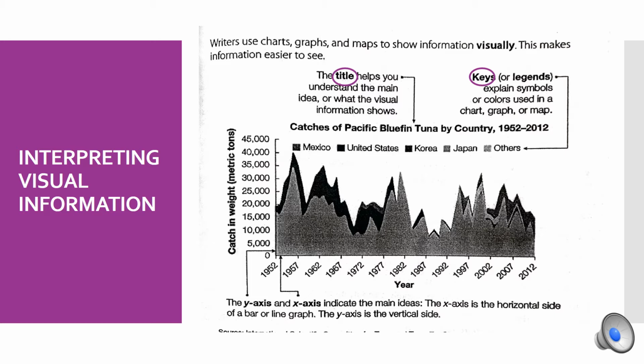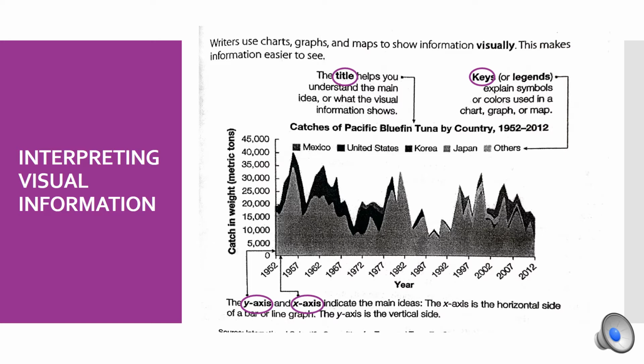From left to right, we have the y-axis, which is also called the vertical axis, and the x-axis, which is also called the horizontal axis.